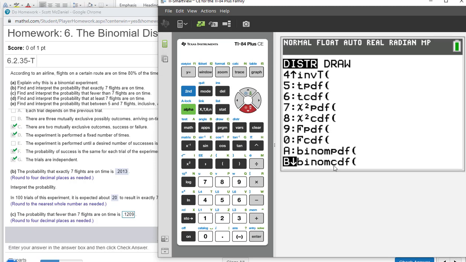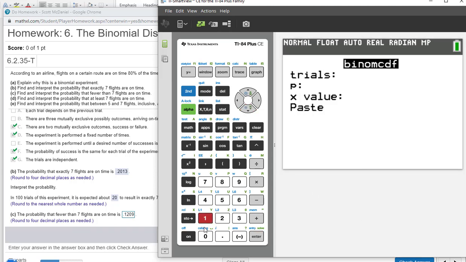I'm going to do cdf. Cdf goes from 0 up to a certain value. So trials, we have 10. P was 0.8. And the X value, I'm going up to what? Not 7, right? I'm going up to 6, because if I go to 7, that means I'm including the 7. So I want less than or equal to 6, which is the same as less than 7 when we have a discrete distribution.